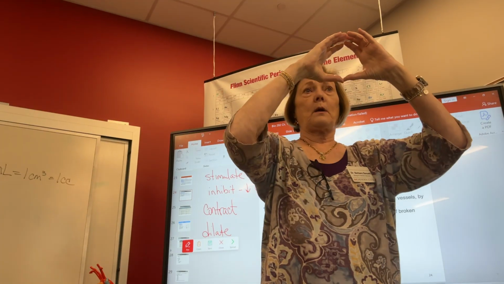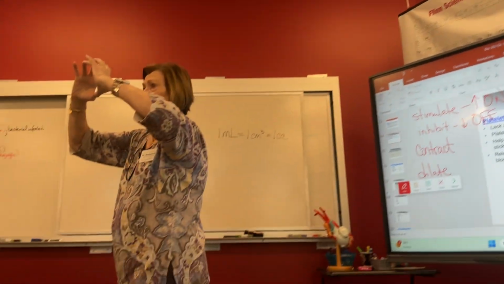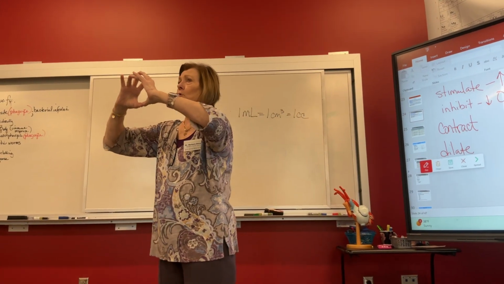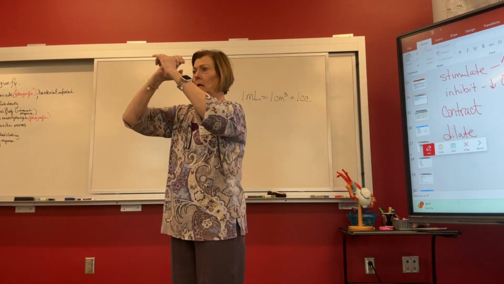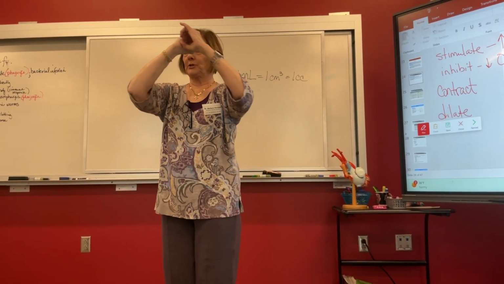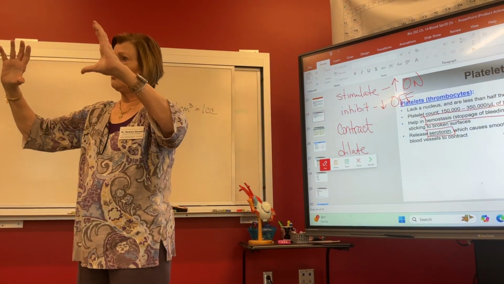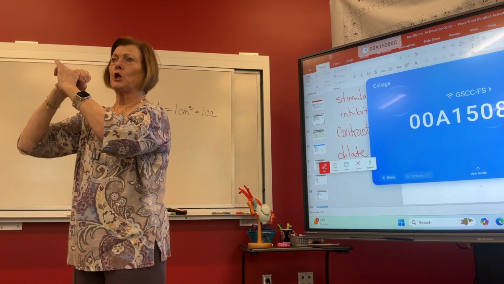If I have this much open, and then serotonin tells my muscles to contract, that's the size opening I have. So when you contract, you decrease the size of the lumen.